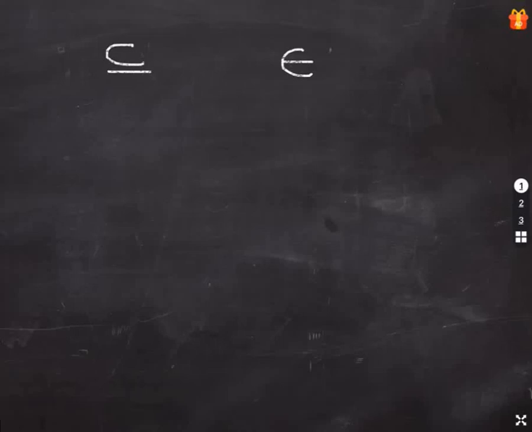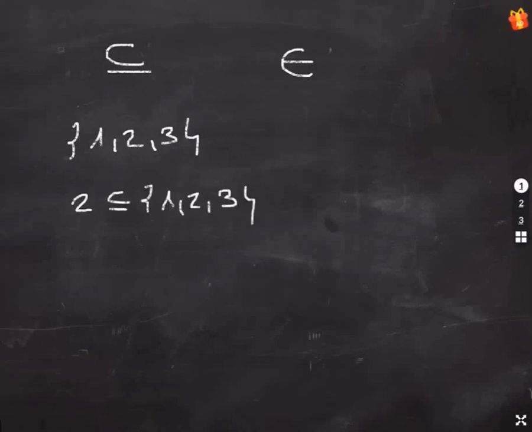Because, for instance, the number 3 is an element of the set {1, 2, 3}, right? But it is not true, and it does not make sense to say that 2 is a subset of {1, 2, 3}. Actually, 2 is not even a set, which is why this does not make sense.